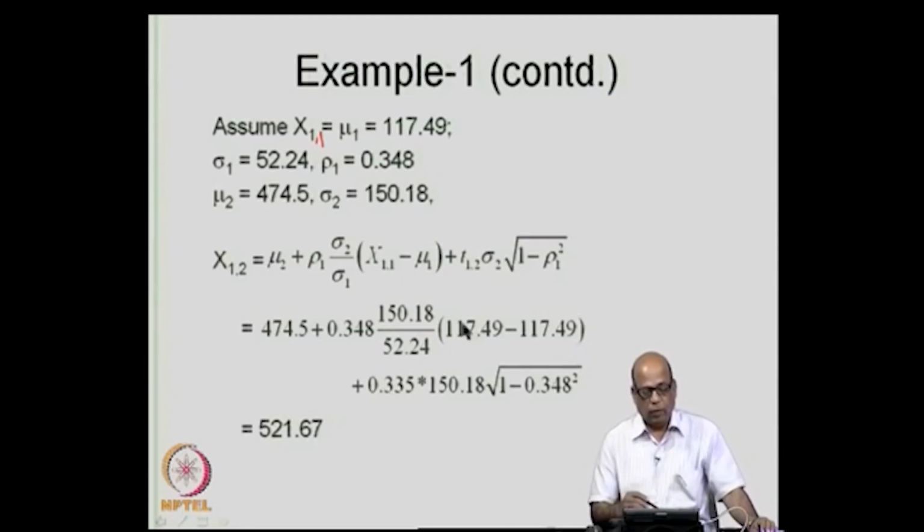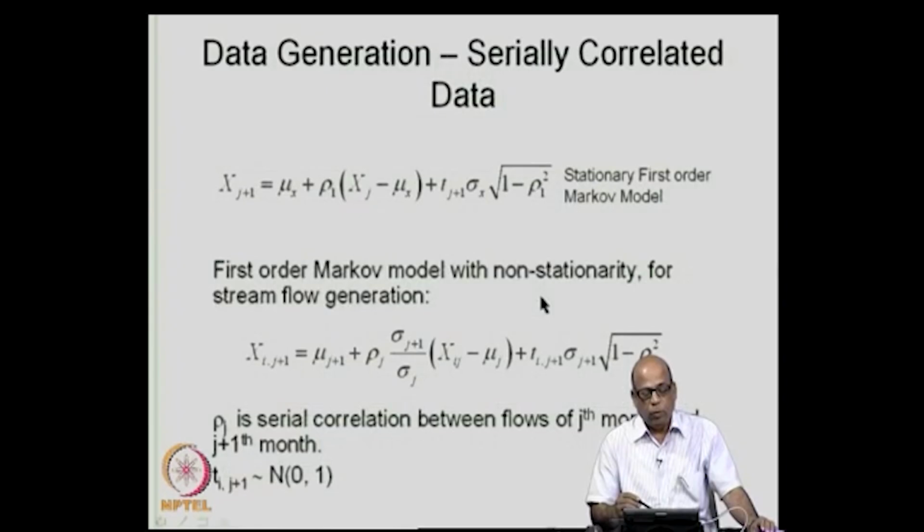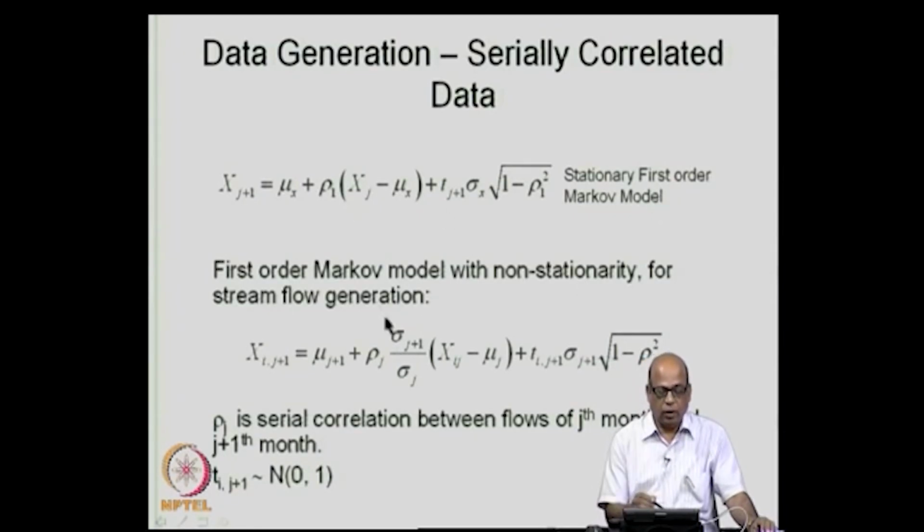I just want to explain one thing in the expression here. When we went from the stationary first order model to a non-stationary model, for the second term we introduce the ratio sigma j plus 1 by sigma j. You can see here x j minus mu j by sigma j. This is nothing but the standardized value. So, we use the standardized value, and similarly you get here x i j plus 1 minus mu j plus 1 by sigma j plus 1.